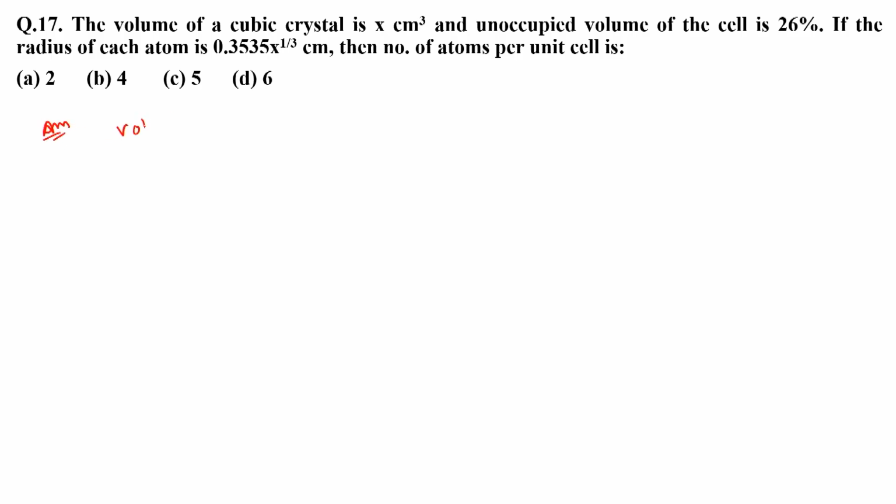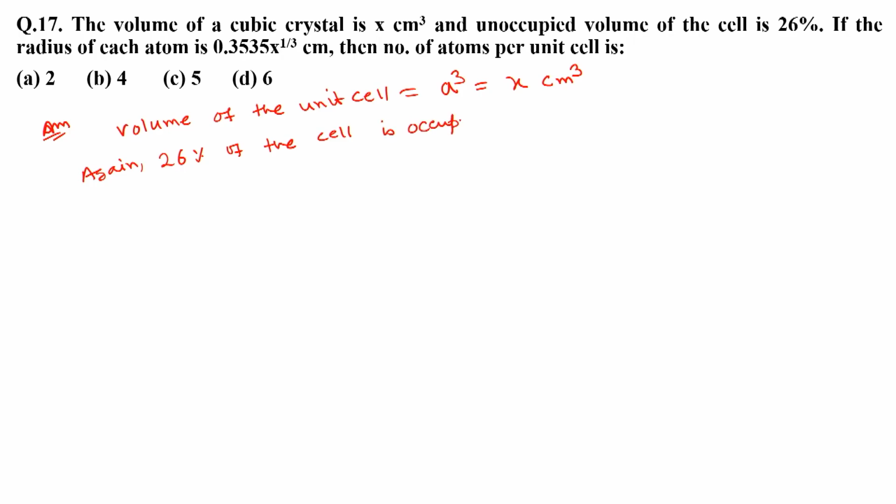So the volume of the unit cell is a raised to the 3, which equals x centimeter cube. Again, 26% of the cell is unoccupied.